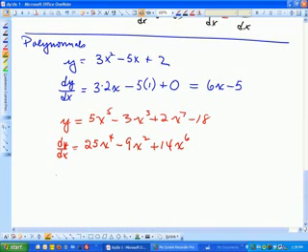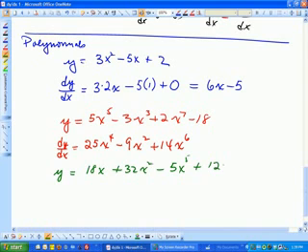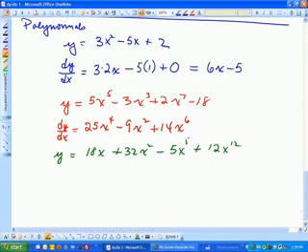And we're just going to take one more here just for practice. I'll just make this up as I go along. y is equal to 18x plus 32x squared minus 5x to the 5th plus 12x to the 12th, whatever we have there. All right.